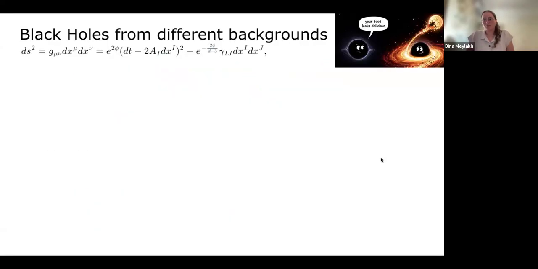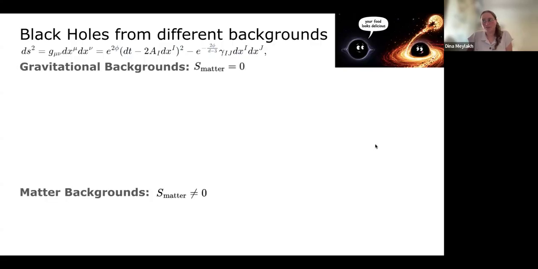So it's time to talk about the different backgrounds we're going to embed our black hole in. Just a reminder, the energy decomposition is given above. There are two families of backgrounds we're going to consider. First, the gravitational backgrounds, where the matter action is 0, and the matter backgrounds, where the matter action is not 0.